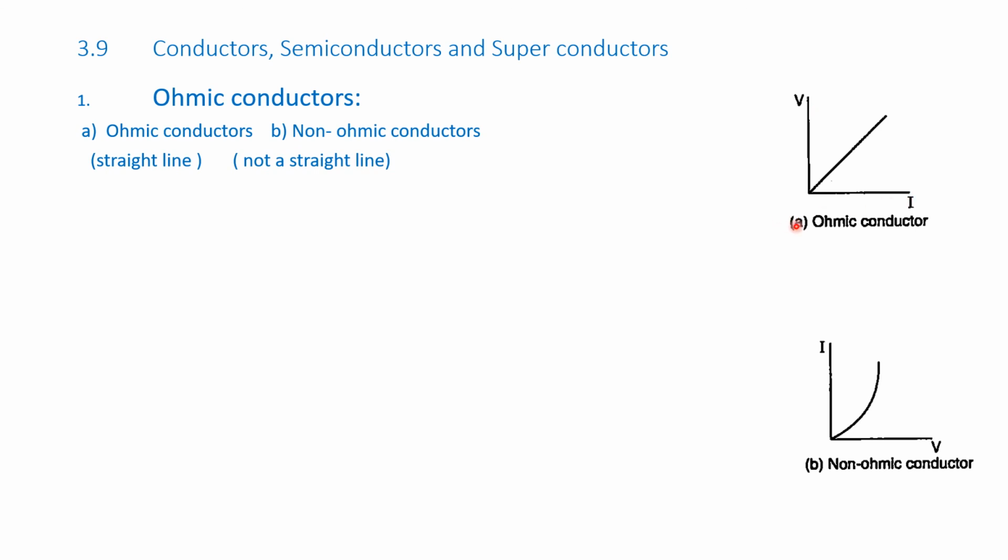These are called ohmic conductors. Then there are certain materials which show not a straight line but a curve, here current I versus V. Non-ohmic conductors show a curve. Previously it was a straight line, here it is a curve.